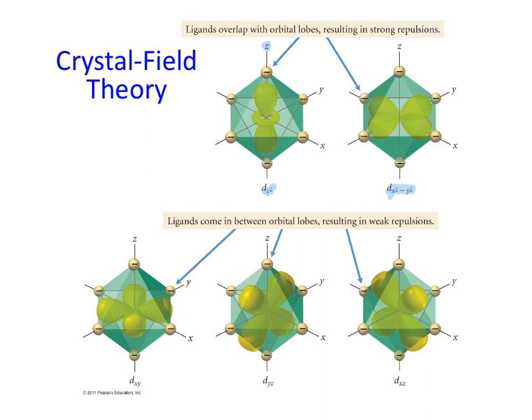Dx squared minus y squared, the orbital is on the xy axes. If I have my dxy, it's in my xy plane, but notice how the orbitals are between the axes.